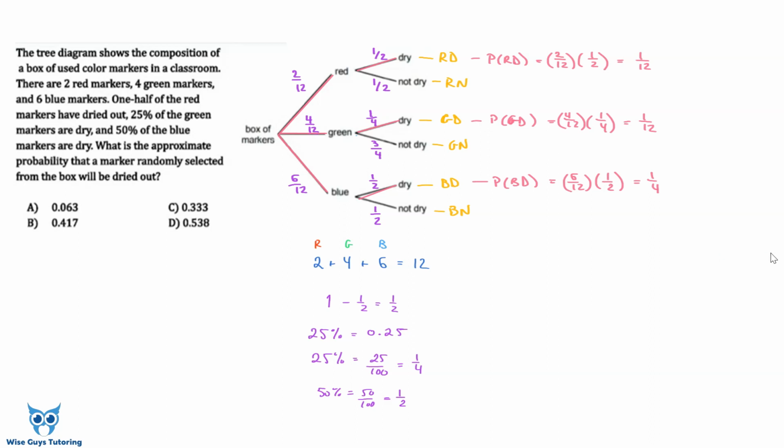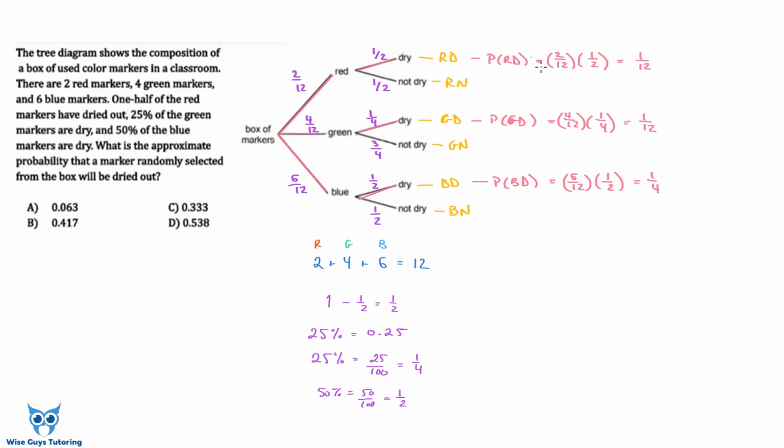Okay, so now we've established whenever you have two conditions like red and dry, you have to multiply the probabilities. Green and dry, we multiply the probabilities. So whenever you see "and" in probability and stats, "and" implies you need to multiply.